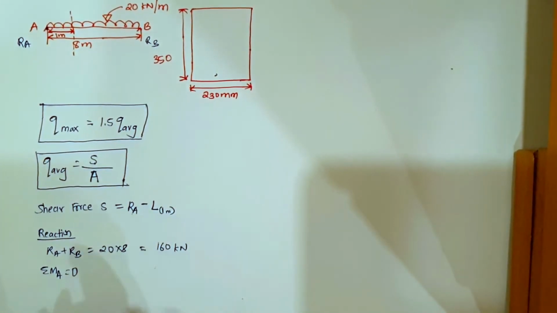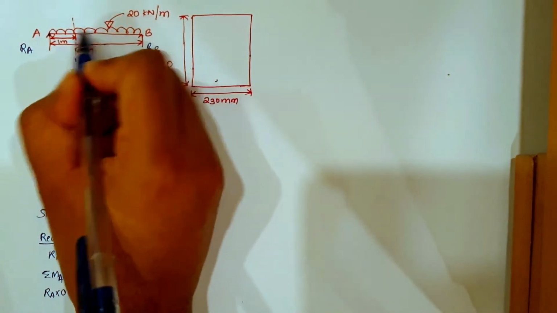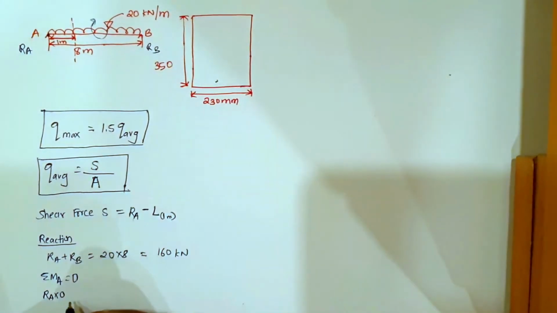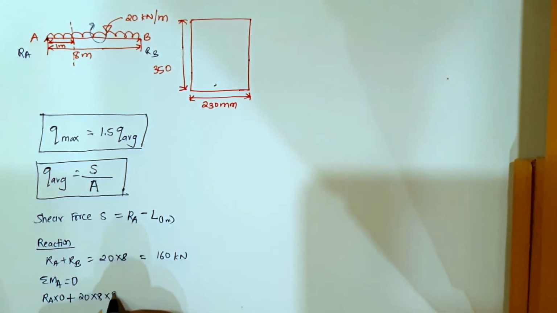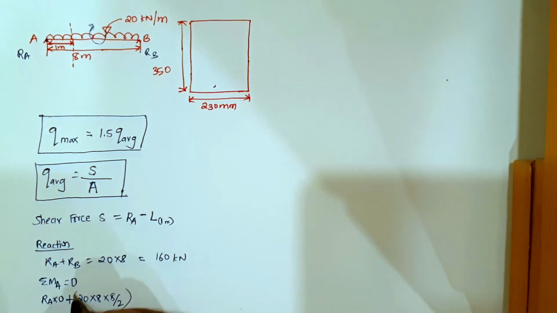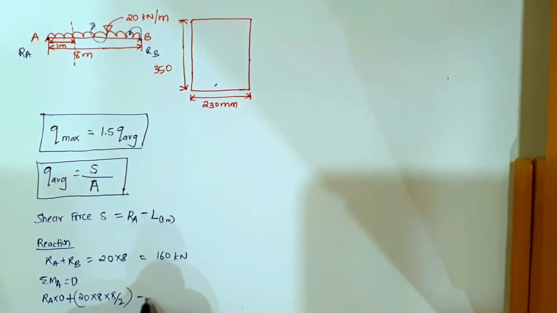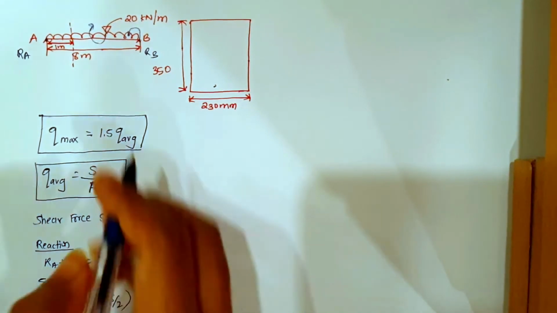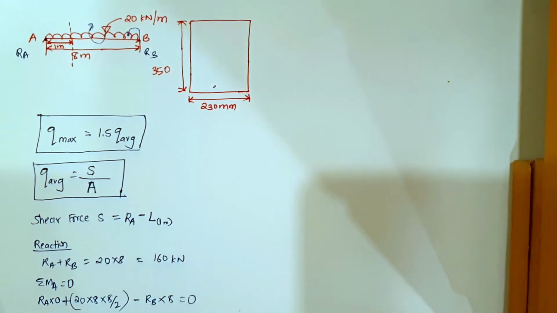So I have RA into 0, plus 20 into 8 by 2, which acts clockwise, then minus RB into the total distance from B to A, which is 8 meters, equals 0.